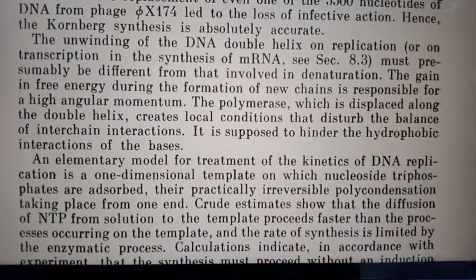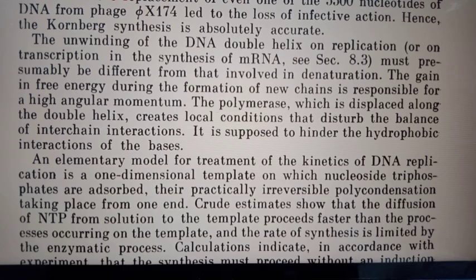The unwinding of the DNA double helix in replication and in transcription, in the synthesis of mRNA, must presumably be different from that involved in denaturation. The gain in free energy during the formation of the new chain is responsible for this.